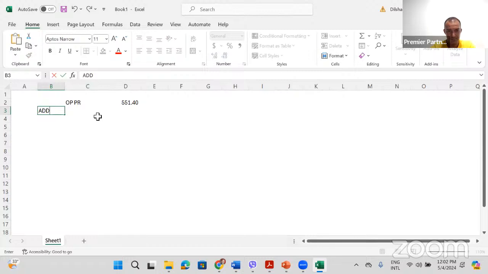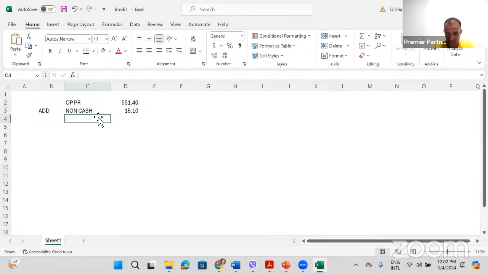Add non-cash 15.1. Marketing capitalized 23.1. Plus 40.